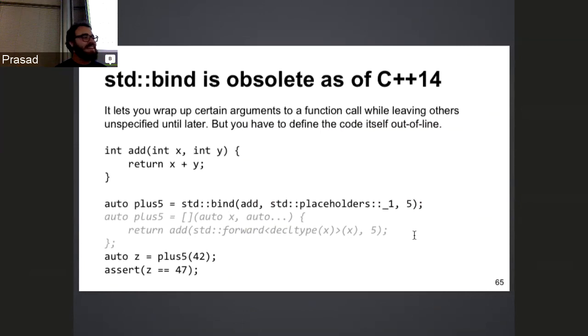These are exactly identical. I went out of my way to make them exactly identical, even to the point of putting auto&&... here and doing perfect forwarding and so on, just to prove that yes, you can do exactly the same thing with C++14 generic lambdas that you can do with bind.